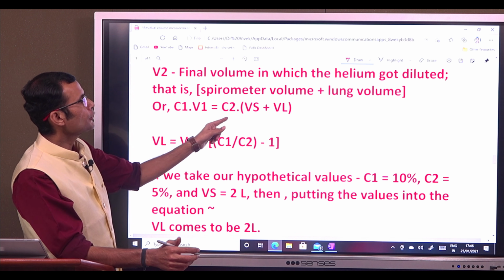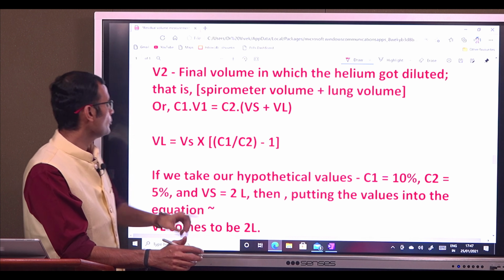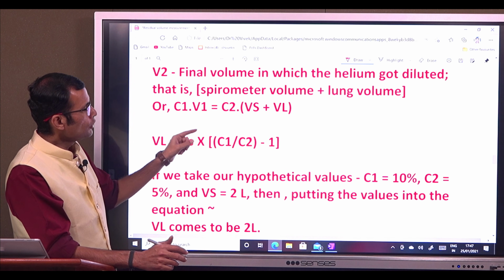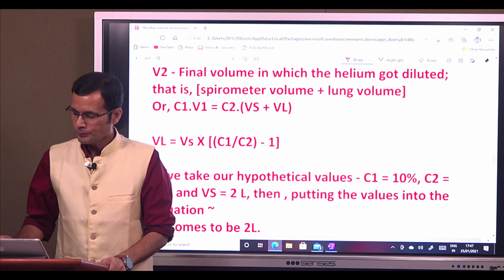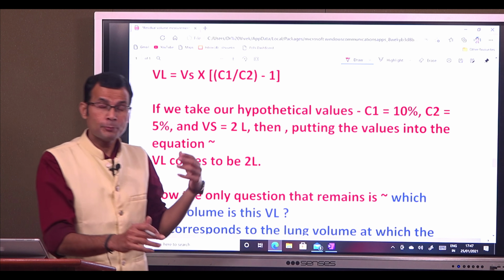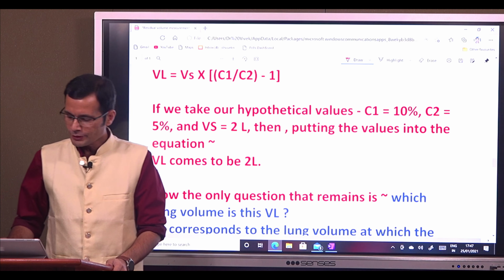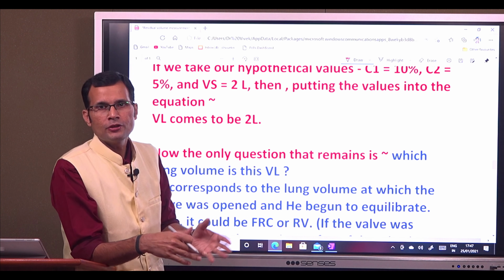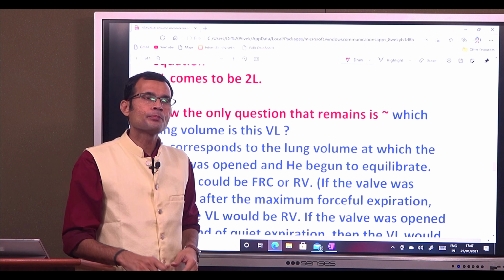C1 V1 is equal to C2 into (Vs plus VL), where Vs is spirometer volume and VL is lung volume, and therefore lung volume is equal to spirometer volume into (C1 upon C2 minus 1). We solve the equation by putting in the values, and we will get the lung volume. That's the method of helium dilution for measurement of lung volume.